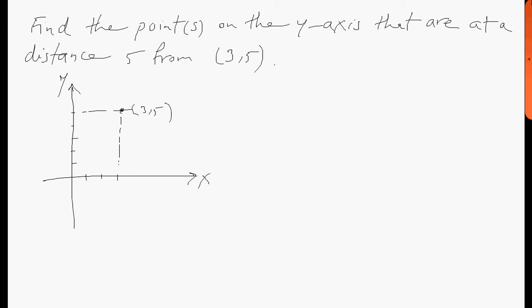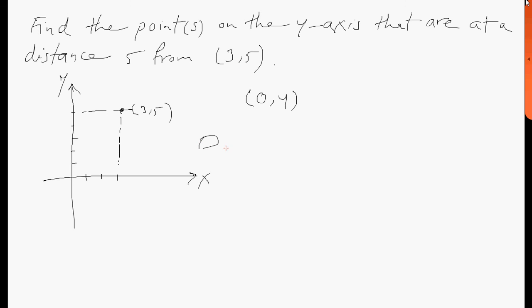So we are looking for a point that has the form (0, y), because all the points that are on the y-axis have the form 0 and a number y. And the other thing that we know is that the distance between the given point and the point we are looking for is exactly 5. So let's use the formula of the distance between these 2 points.